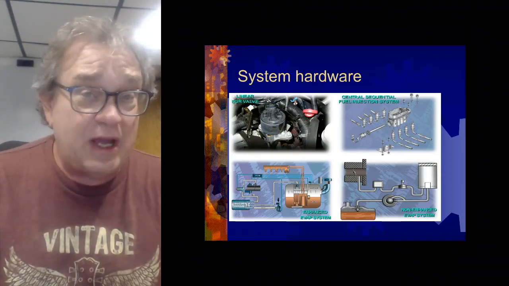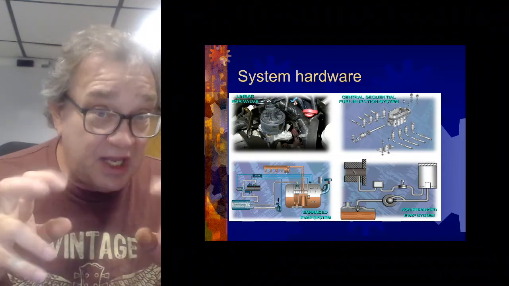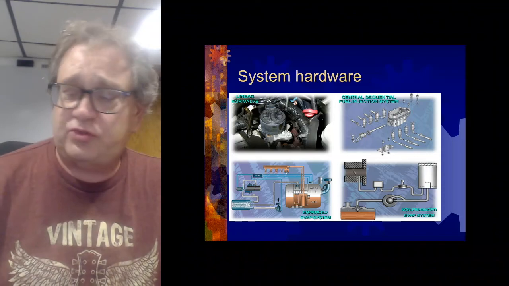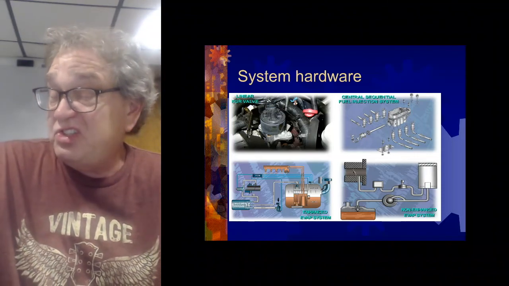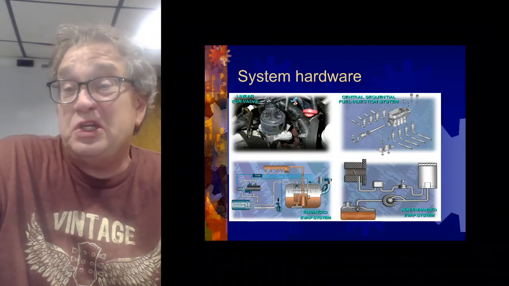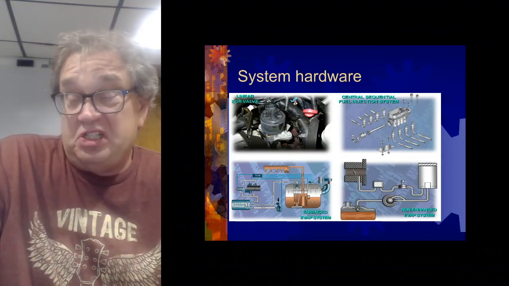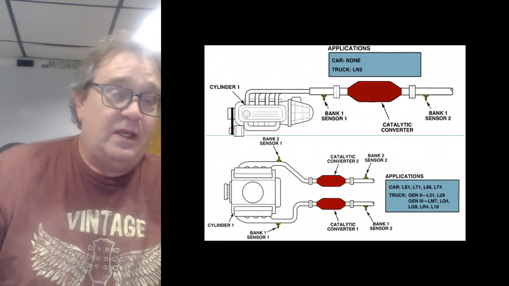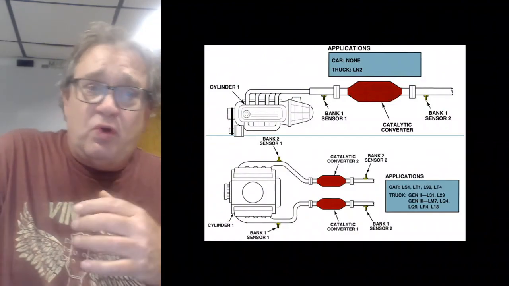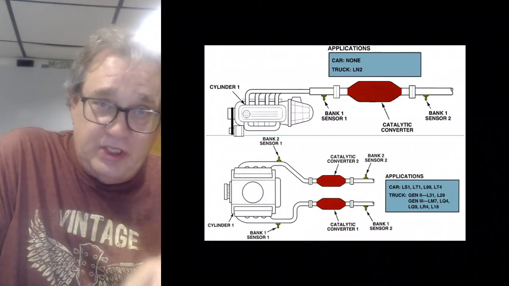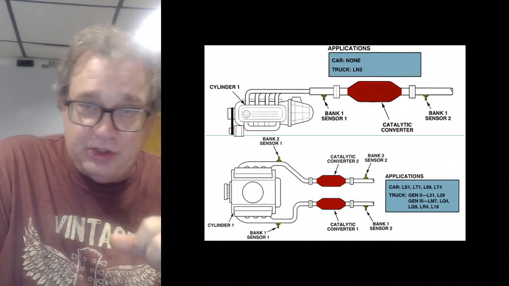But now we have what's called an enhanced evap system that has to check for leaks, whereas in the past, they didn't do that. It was just assumed that it worked, and if it didn't, nobody said nothing.